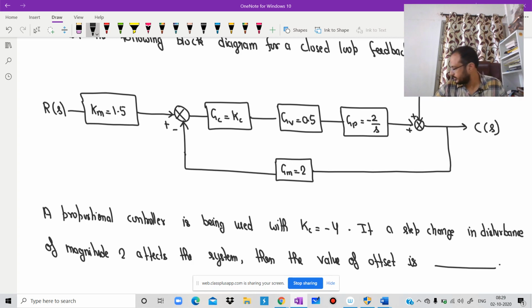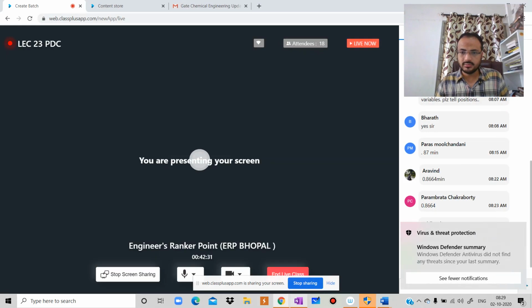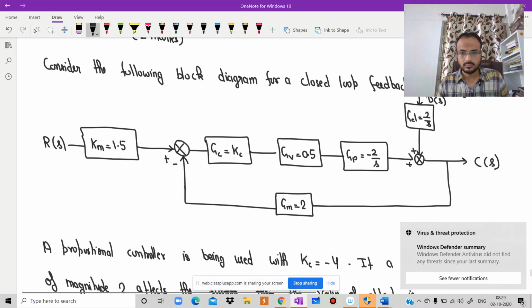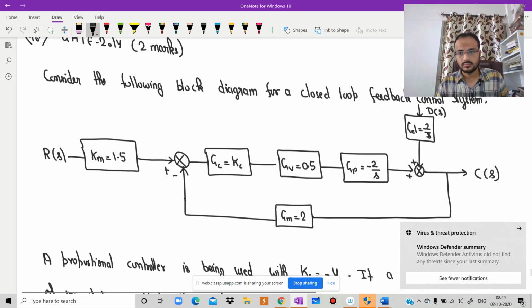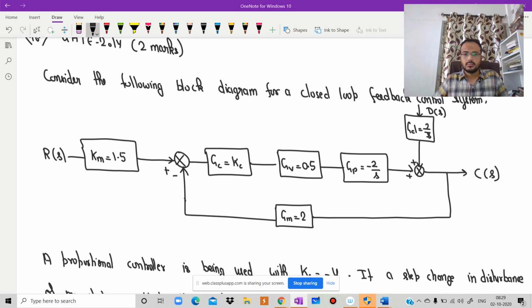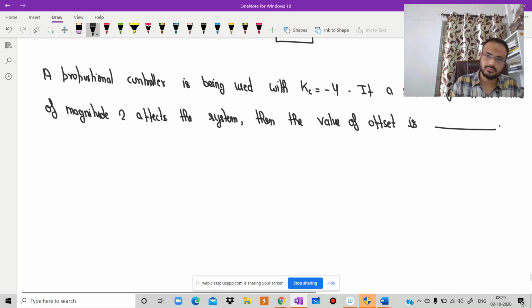Solve it. How many of you got the right answer of this? It is a regulatory problem.